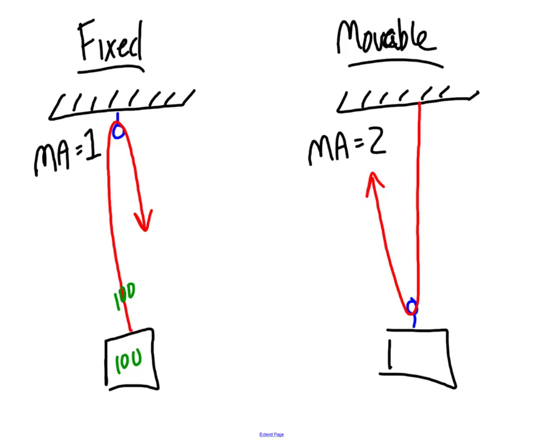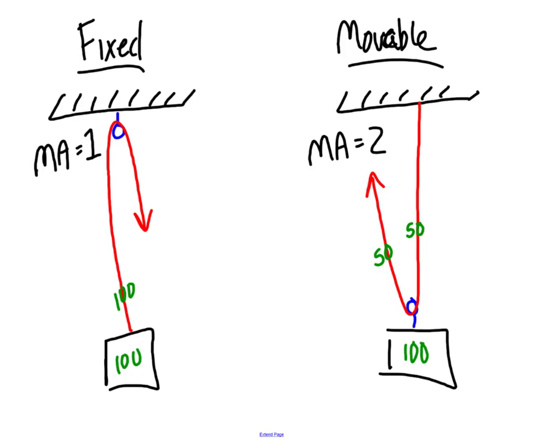If this box is 100 pounds, how many strings are directly holding up that box now? There's 2, right? Even though it's one continuous string, there's 2 strands. So each one of those strands has 50 pounds on it. That's why it has a mechanical advantage of 2, because it cuts our force in half. Right?